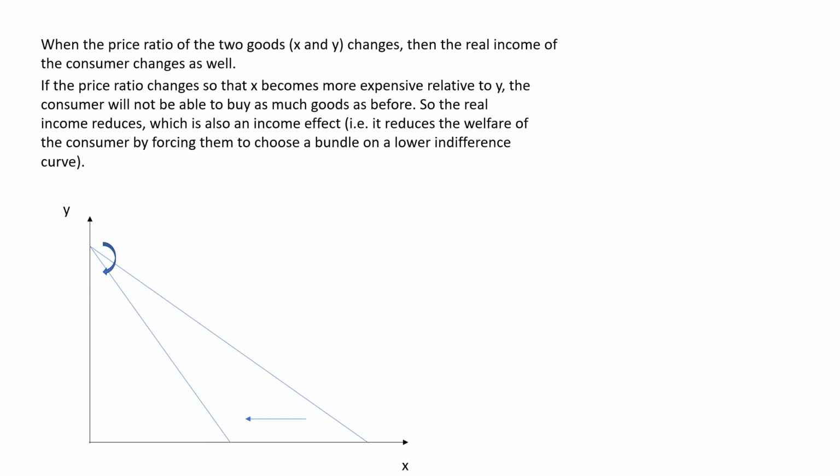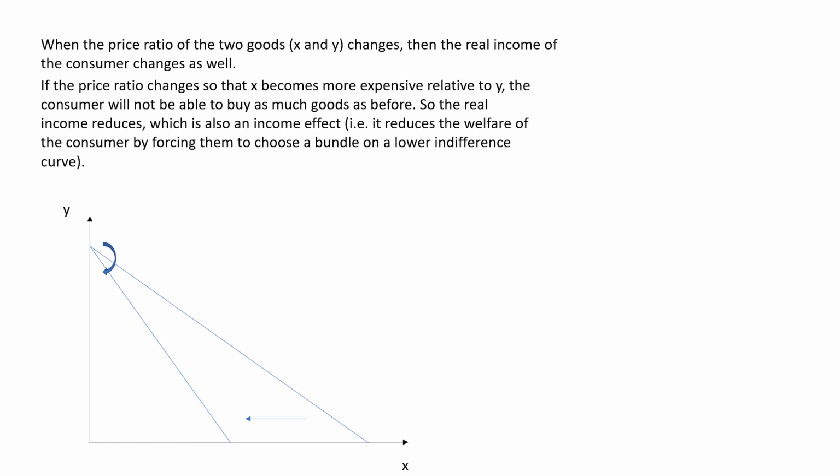You can see easily that this led to a reduction of the purchasing power of the given nominal income. This is because the area of the triangle under the new budget constraint line is smaller than the area of the triangle below the original budget constraint line.